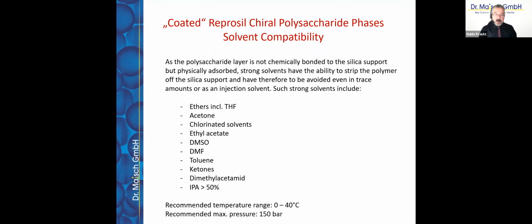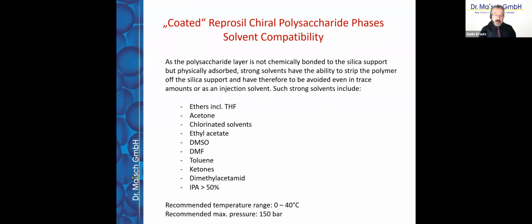So I've referred to those phases I've shown you on the slide as coated phases. And they are called coated because the polysaccharide is only physically adsorbed to the surface of the silica. It's not chemically bonded. And that means that some strong solvents are able to dissolve the polysaccharide and to elute it.